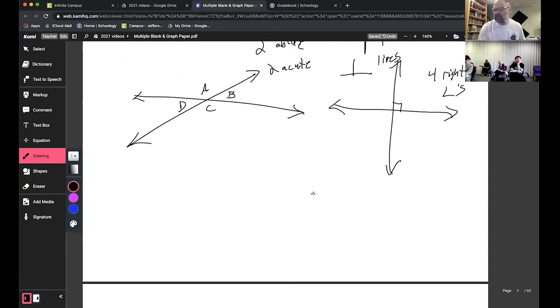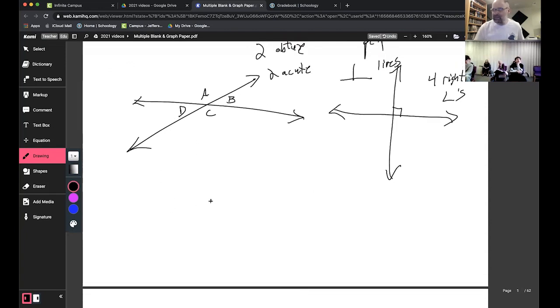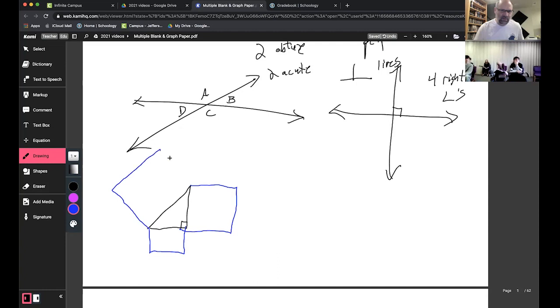I'm sure we've talked about the Pythagorean theorem, but basically Pythagoras said that if you have a right triangle and you form a square out of all the sides, here's a square of the two legs, and here's a square of the hypotenuse, then the area of the hypotenuse square would equal the sum of the areas of the two squares on the legs.